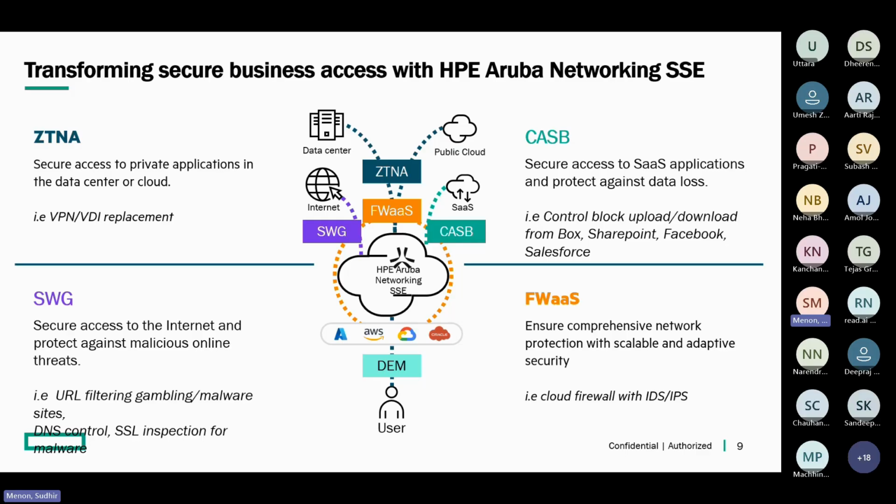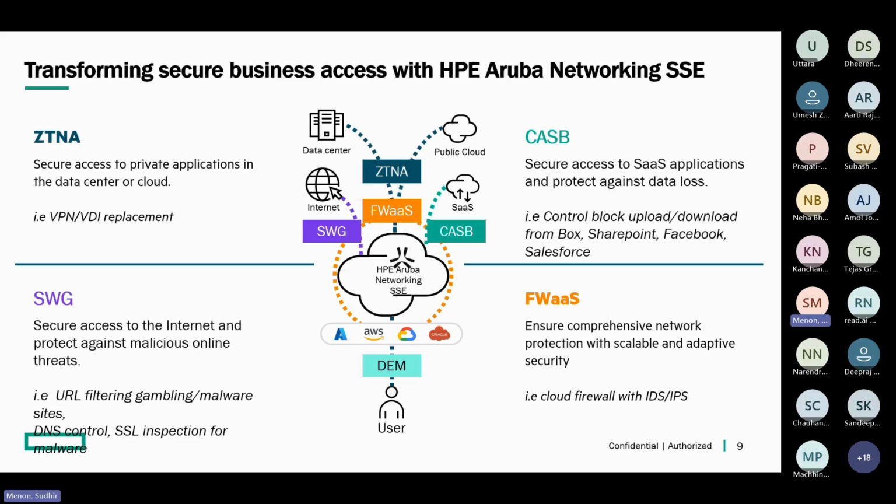So CASB along with DLP ensures protection of your cloud data. That's the third building block. The last but not the least is firewall as a service, which is more of a managed branch firewall, providing protection not only for your north-south traffic but also for your east-west traffic.